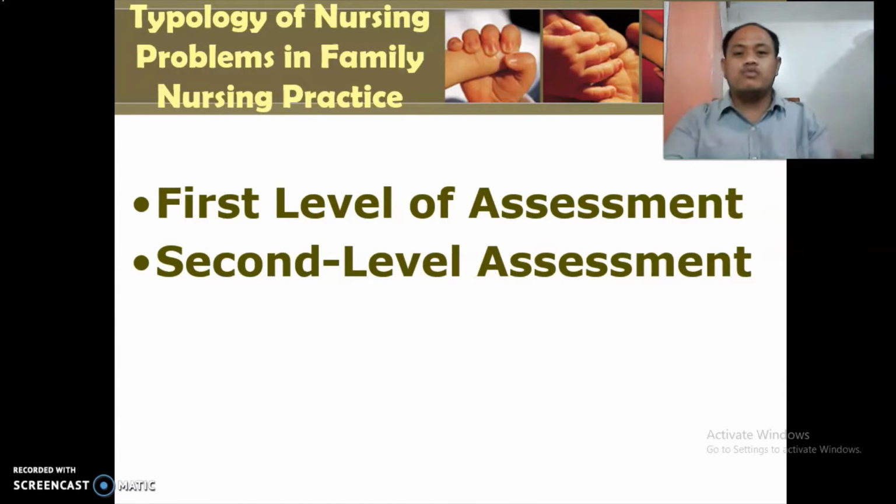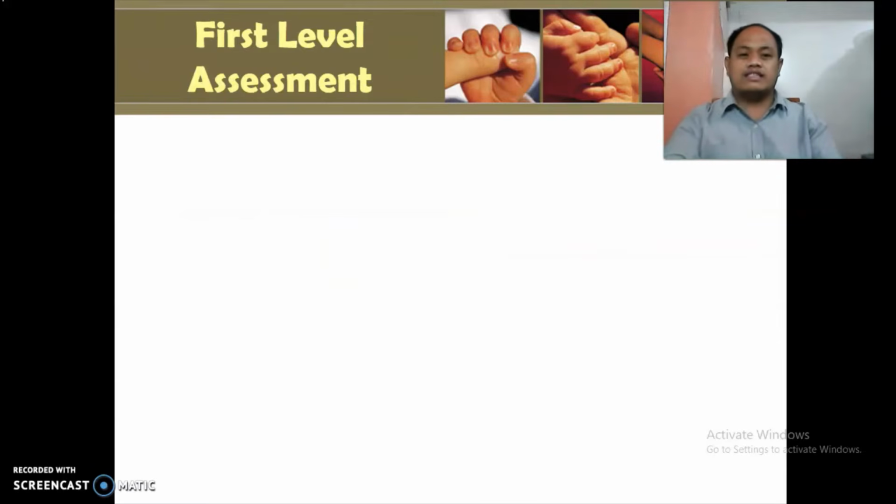That is why we have to prioritize which problem we should address first. And in terms of prioritizing problems in the family nursing care plan or family nursing process, we need to identify first the nature of the problem. Kaya pag-uusapan natin for today yung first level of assessment and your secondary level of assessment under your family nursing practice. So let's discuss first your first level of assessment.